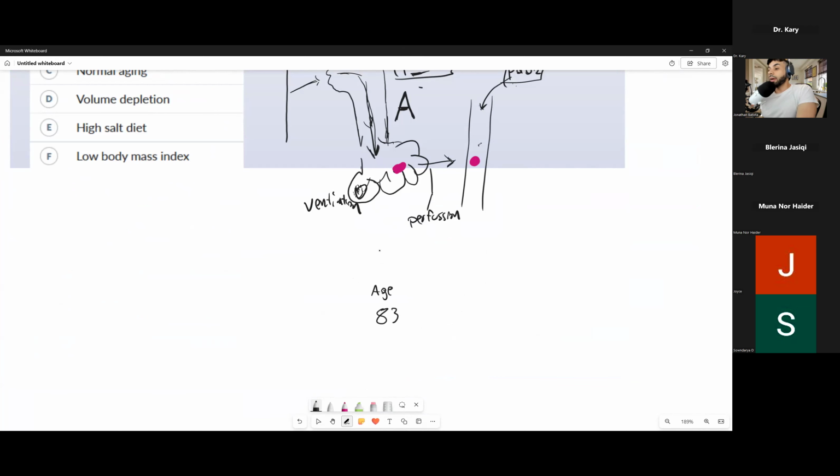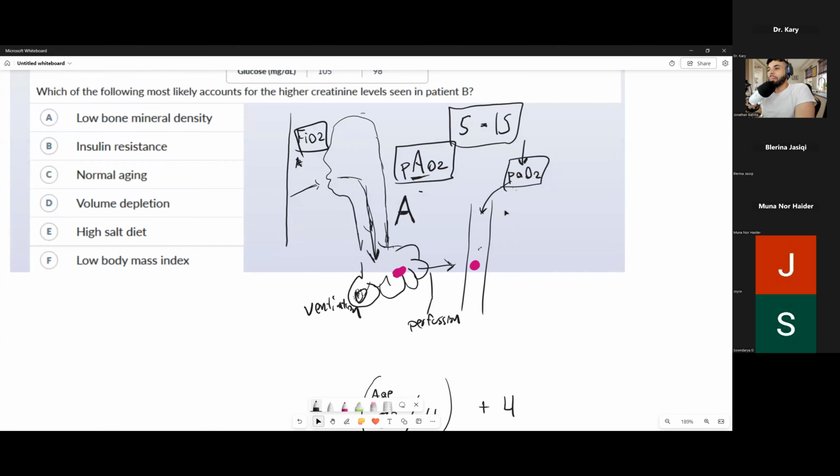And this here will be divided by 4, and then your answer would have to get added by 4. That would show you the range of the AA gradient. So that's how you would calculate, that's how you solve for the AA gradient. Okay? That's how you would know.